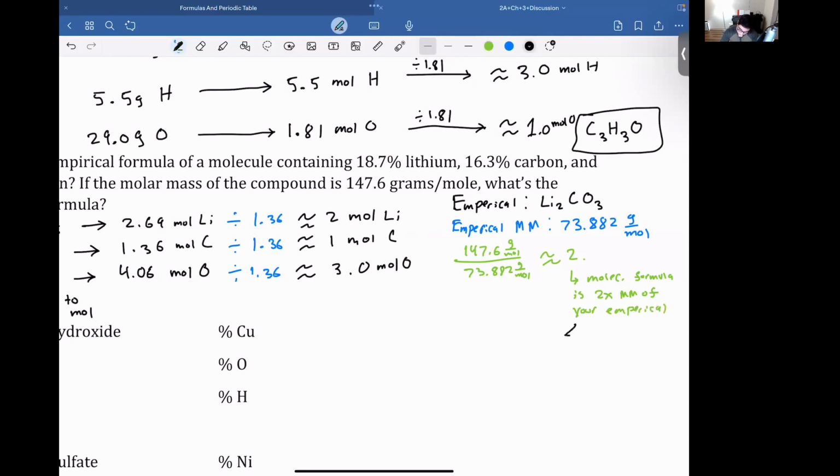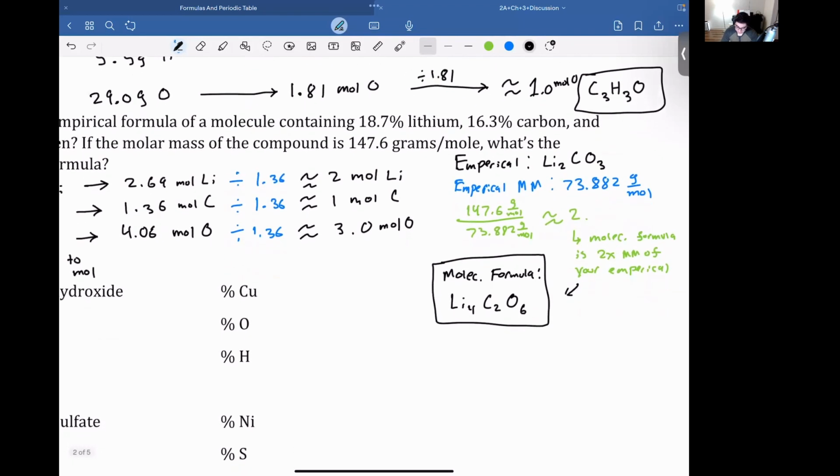So to finish this off, all we have to do now is take our empirical formula, and because we know it has 2 times as much mass as the empirical formula, we're just going to double everything. C2O6. And then you're done. Double it, and that's it.